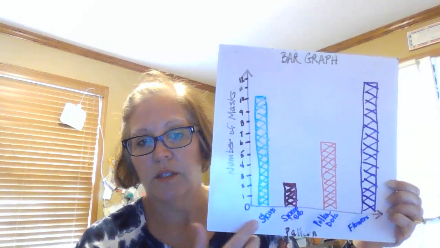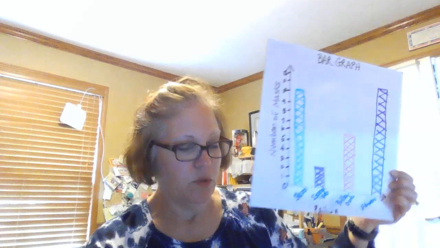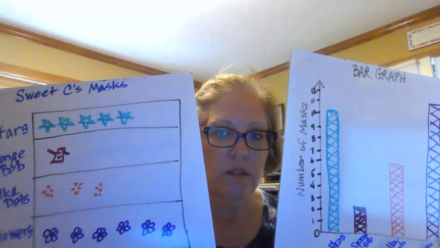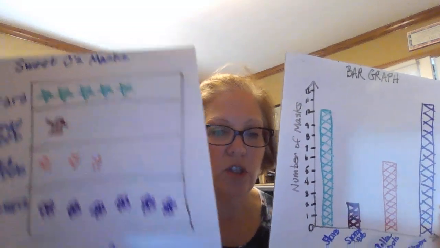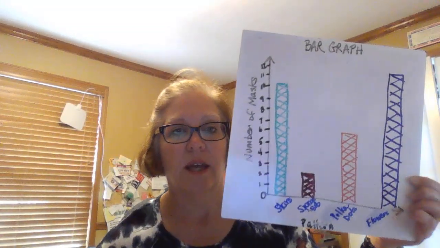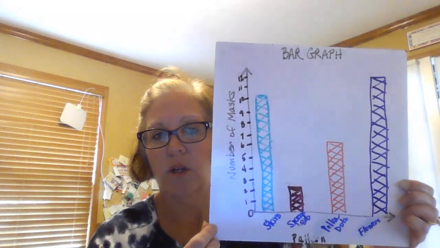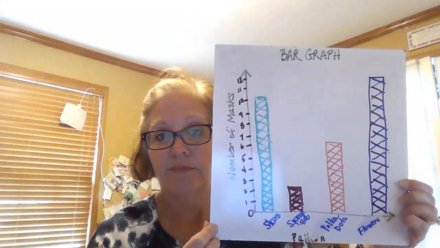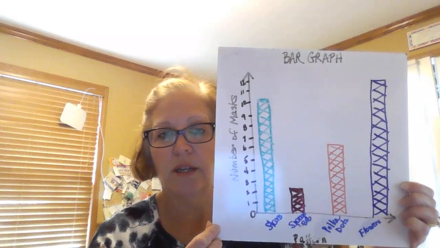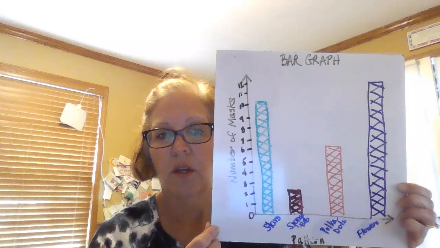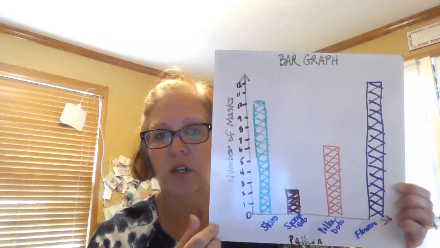So for instance, as we said before, the number of stars was 5, and that equaled 2 times 5, which was 10. Obviously it's not straight because I didn't have a ruler and I'm just doing an illustration, so I'm not worried about how perfect it is.